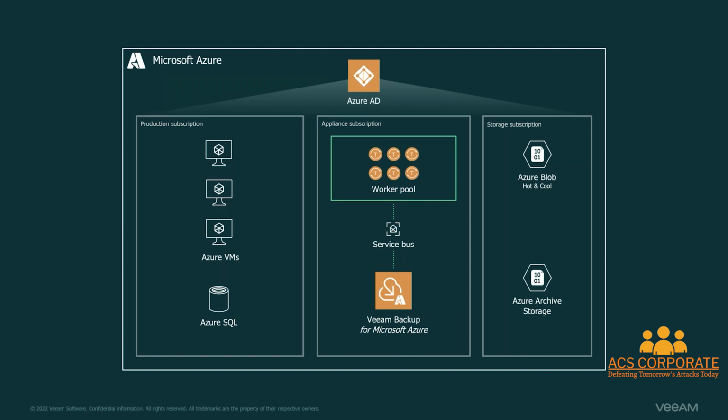We will leverage them when we do things like file level recovery, or when we do a recovery from an image-based backup on the object storage as well. And as and when we do that, Veeam Backup for Microsoft Azure will automatically spin it up. It will complete its task, and then automatically shut it down, helping keep that bill down and lower your total cost of ownership of an Azure backup and recovery solution.